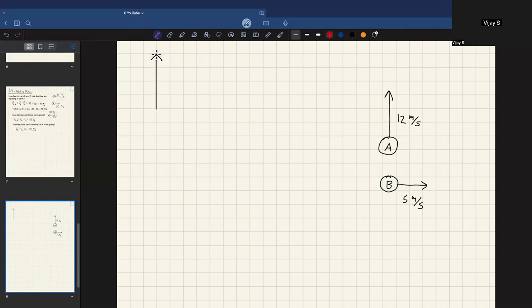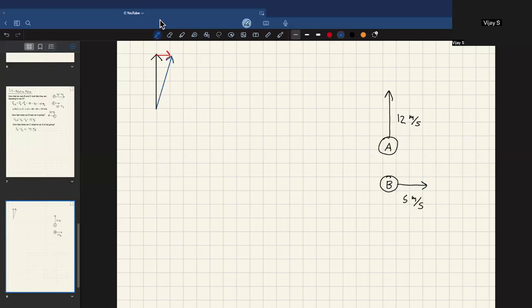If the wind is pointing, say, to the east, and maybe it's not super strong, but it's kind of strong, let's draw it like that, then the plane's actual velocity is going to be the blue arrow here. It's going to be the vector addition of its ground velocity and the wind as well. So then you can calculate the plane's actual velocity, what direction it's going, and how fast it's actually going. So that's kind of a cool little application of relative motion.